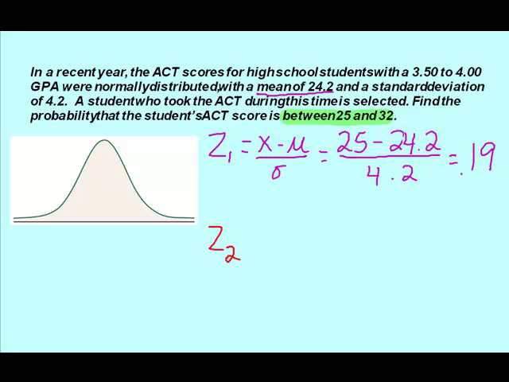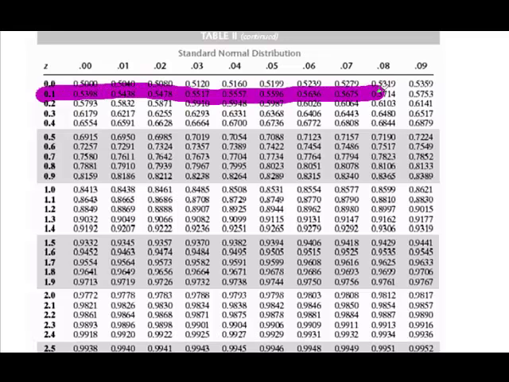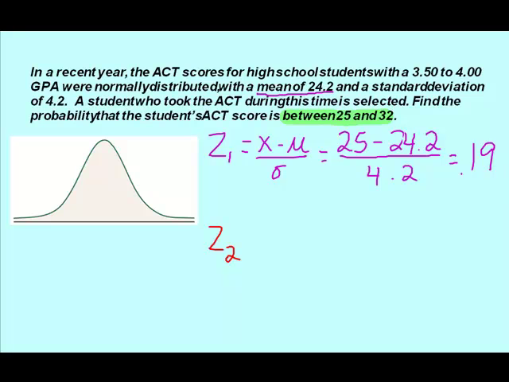What's the z-score? 0.19. What's the probability? 0.19 gives .5753.